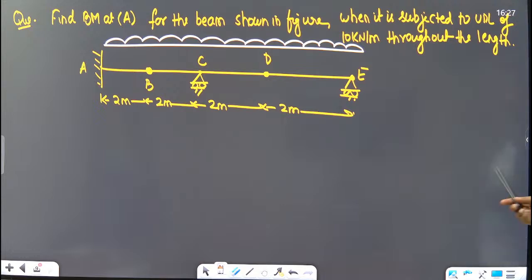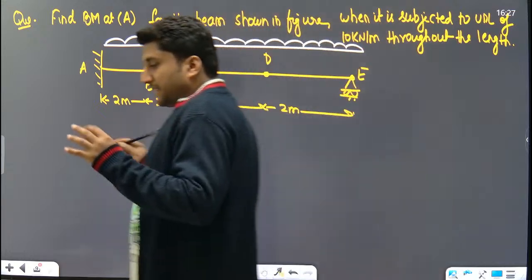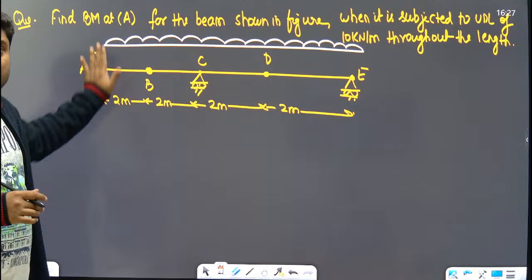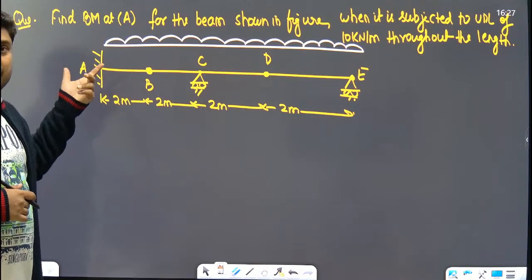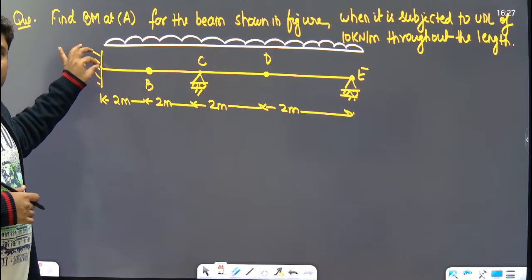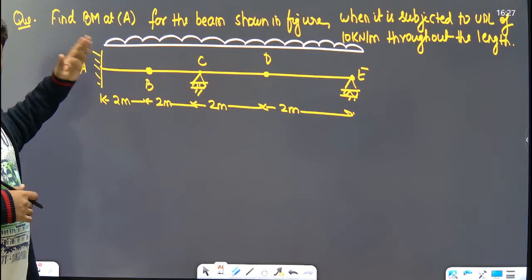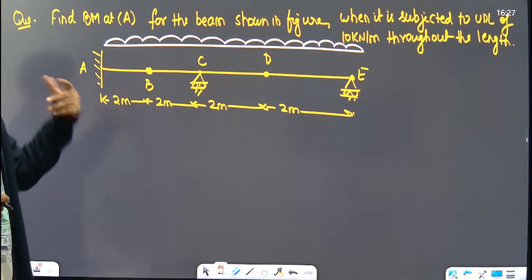Now we have just taken the concept for cantilever beam, or we can say at the fixed support. How to draw the bending moment? Assume an imaginary hinge and give a unit rotation.